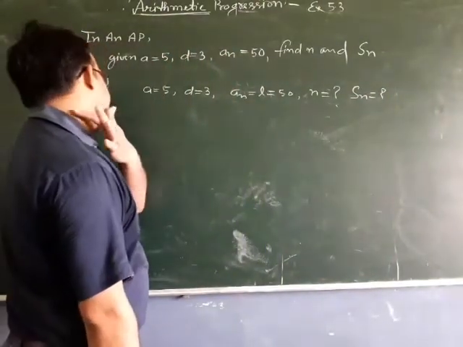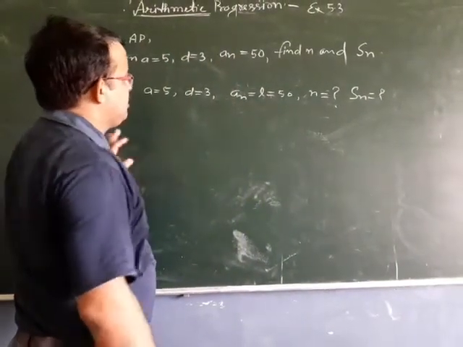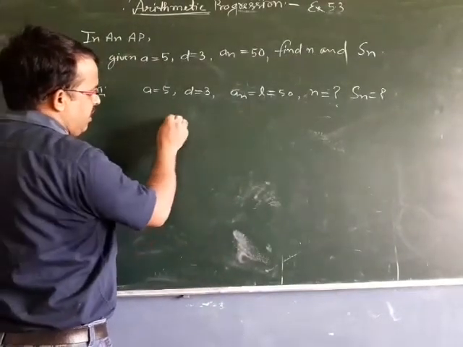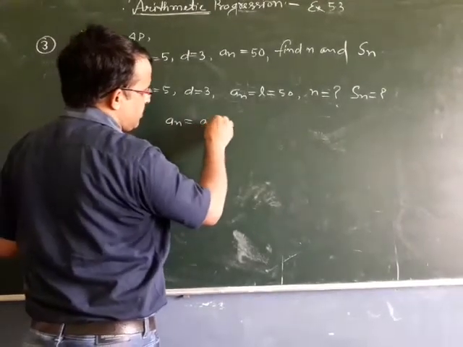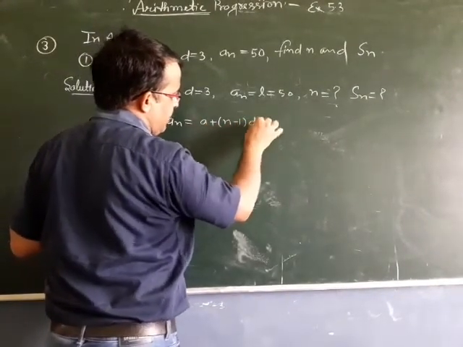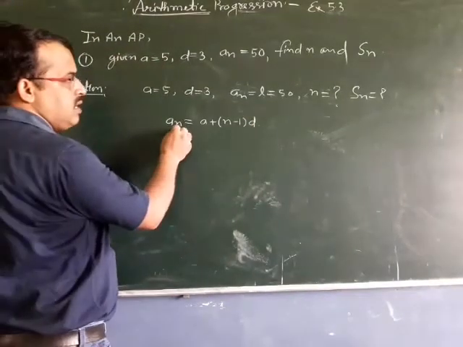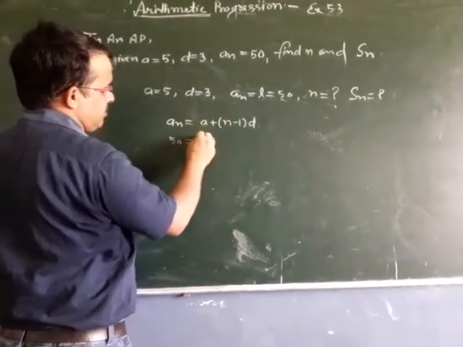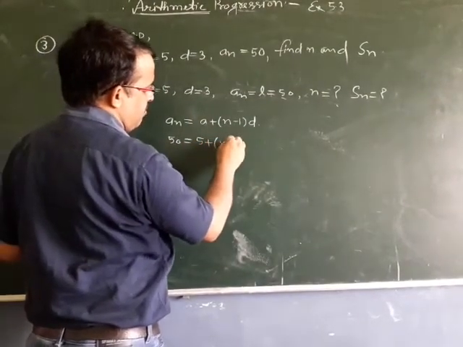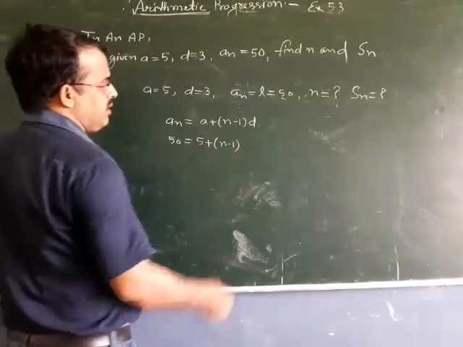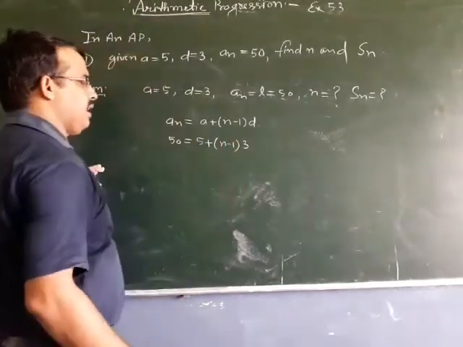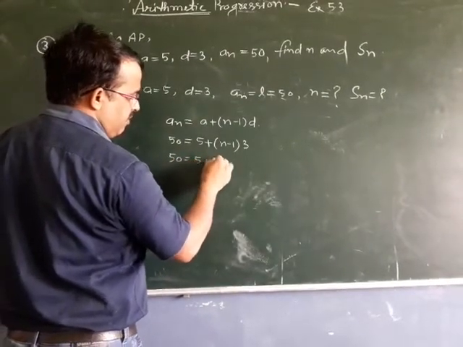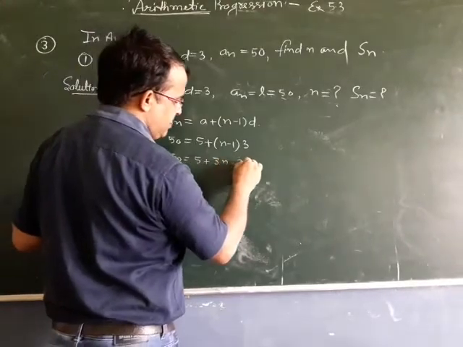Clear? So first we find n. an is the general term of the AP: an is equal to a plus n minus 1 into d. Clear? So an is given as 50. 50 is equal to a, which is 5, plus n minus 1, and d is 3. Now 50 is equal to 5 plus 3n minus 3.